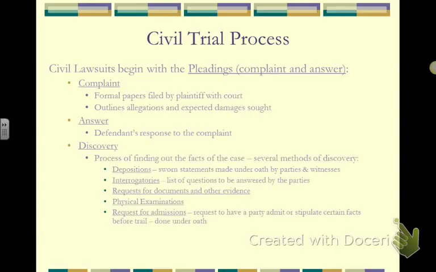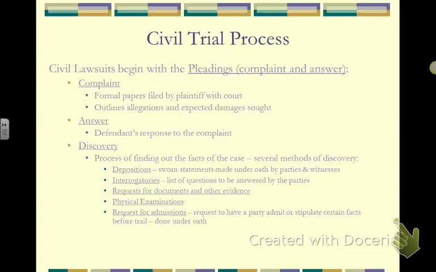After that, you go through what we call discovery. In the discovery process, both sides investigate their case. You take affidavits from the different witnesses, which are called depositions. You might send a list of interrogatories, questions to some parties, and ask them to answer a bunch of questions.